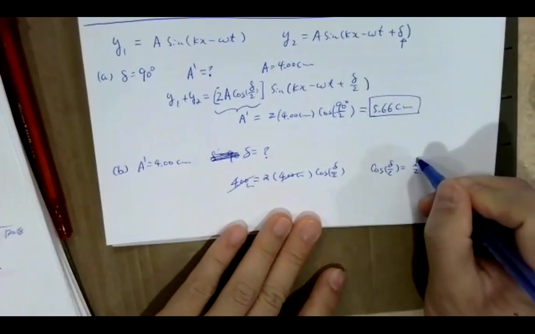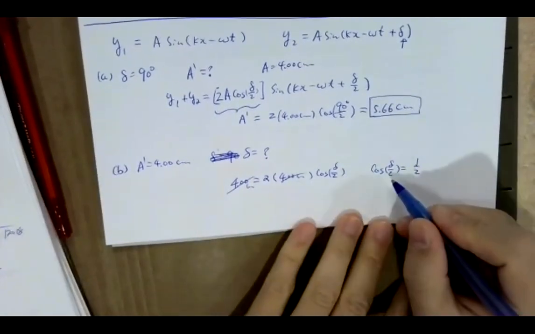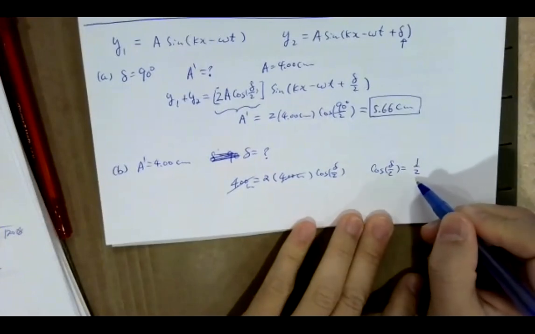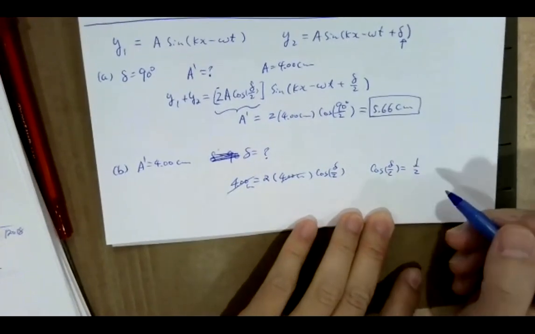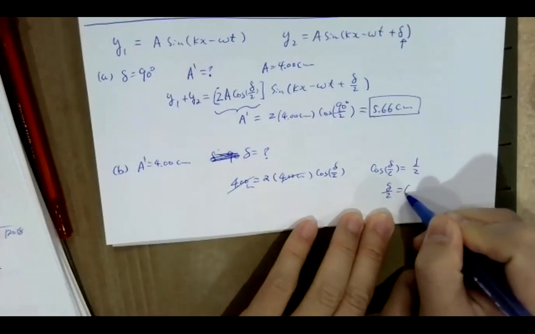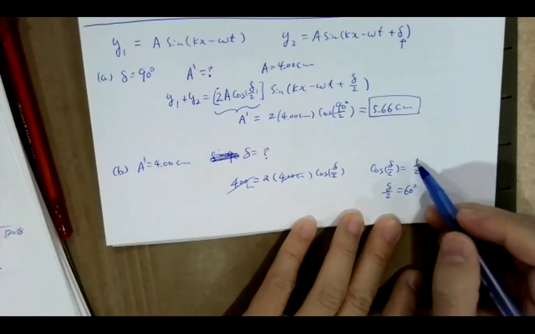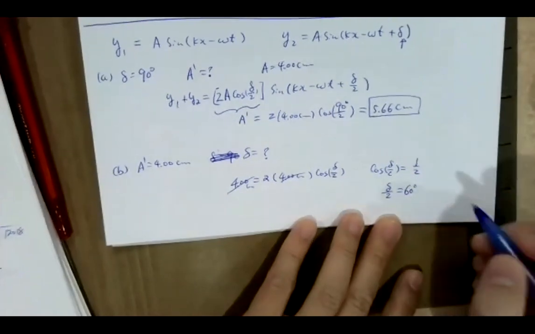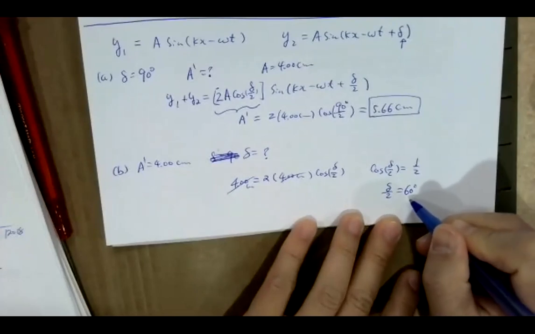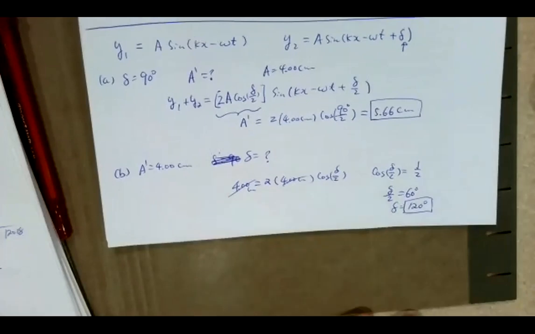Now, if you are very familiar with trigonometry, then you will realize that cosine of 60 will be 1/2, right? Sine of 30 will be 1/2, but cosine of 60 will be 1/2. So that tells you delta over 2 is equal to 60 degrees. Or you can do cosine inverse of 1/2, that will be 60. So your delta then is equal to 120 degrees in this case.